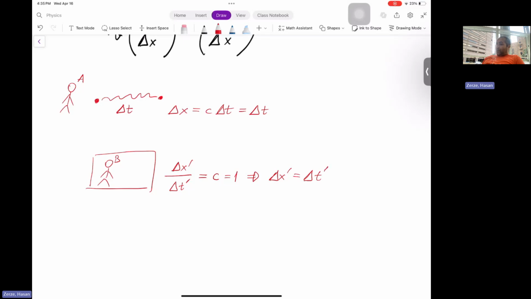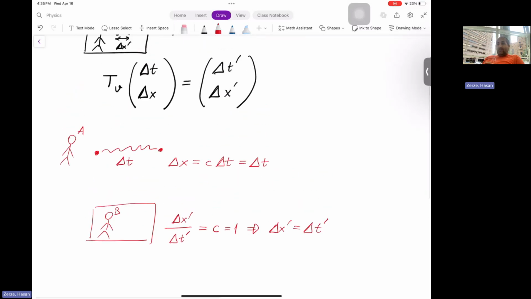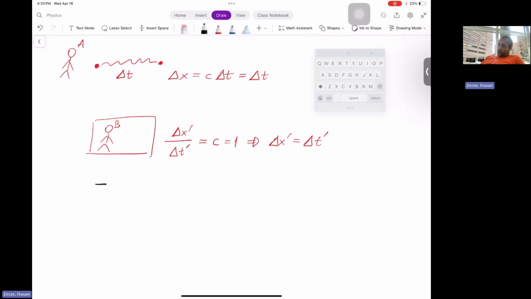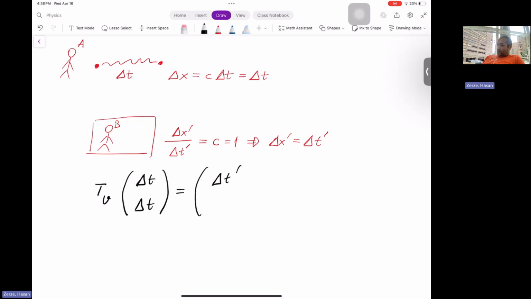So we actually obtained one clue about what this T_V must be. This linear transformation must be in such a way that it's going to turn the delta t, delta t into delta t prime, delta t prime. Okay, so what it does is, the first clue tells us T_V turns (delta t, delta t) into (delta t prime, delta t prime).